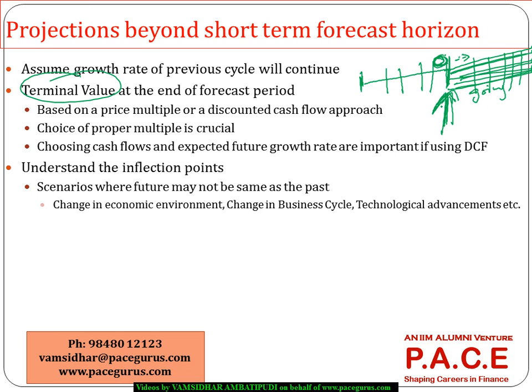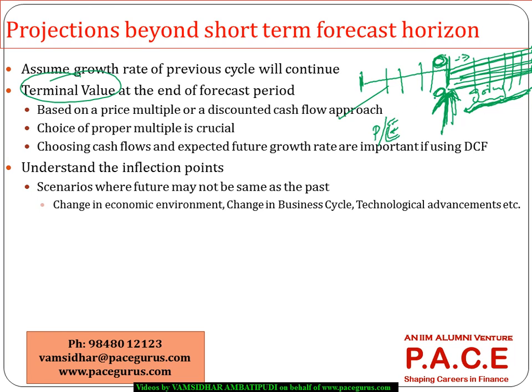So here, if I have to forecast the price, either I use the DCF mechanism, assuming the cash flow will grow at some certain percentage year over year for infinity. So a constant growth kind of model is what I am proposing from this period onwards, if I am using a discounted cash flow approach. Or I can use some kind of price to earnings multiple.